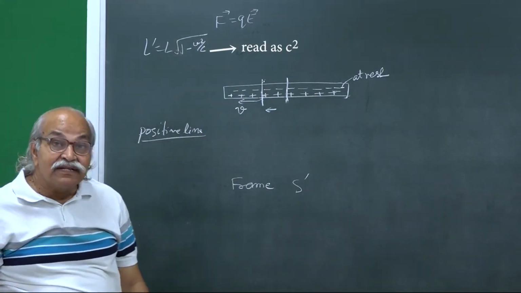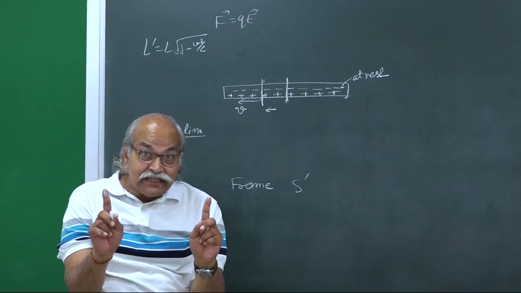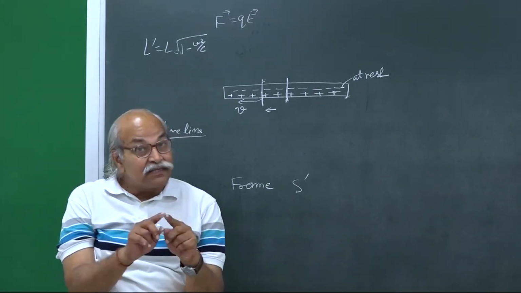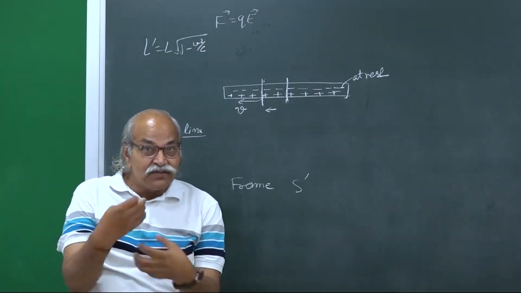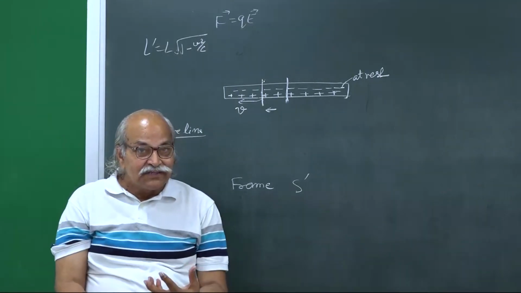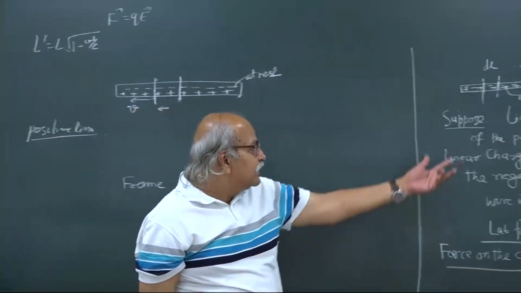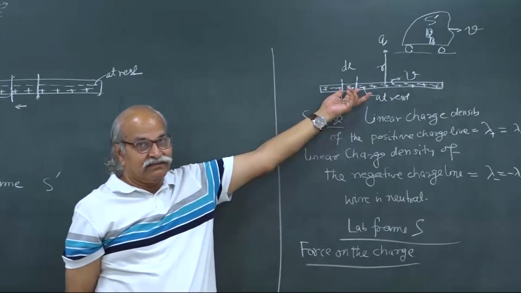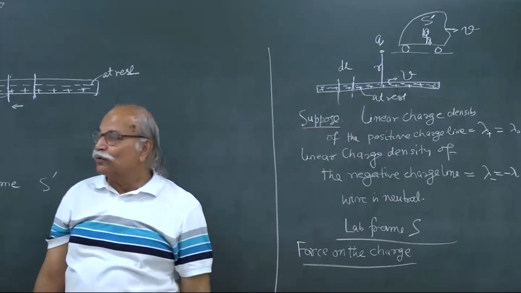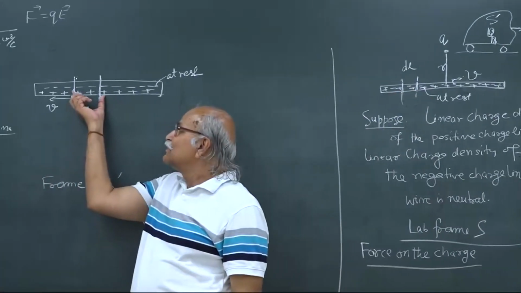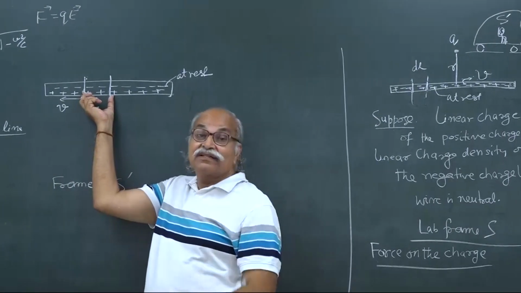But the charge contained between these 2 points is the same. Charge does not depend on your frame. So the total charge between these 2 marks is the same as the total charge contained between the same 2 marks.